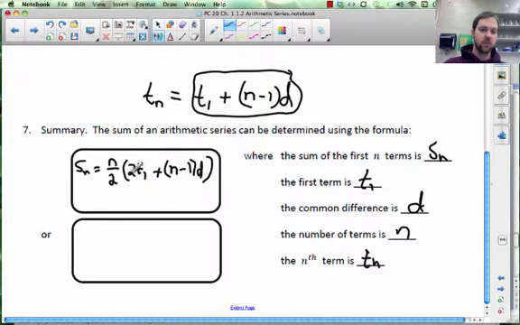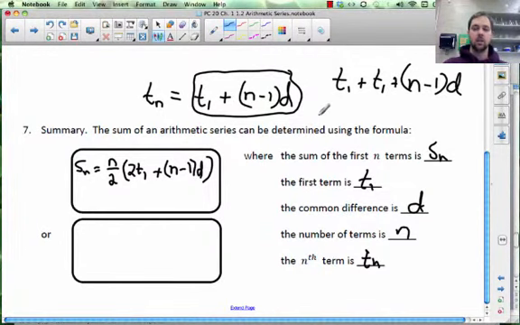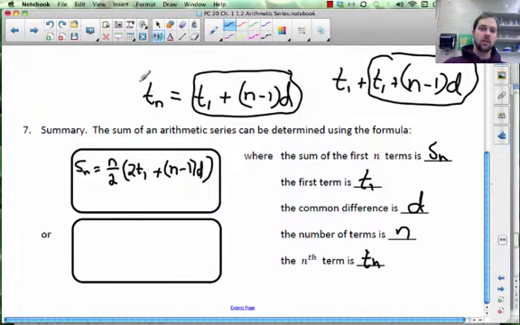Now you notice here we have 2t1 plus n minus 1 times d. 2t1 can be written as t1 plus t1. So t1 plus t1 plus n minus 1 times d. Now this can be written as tn.